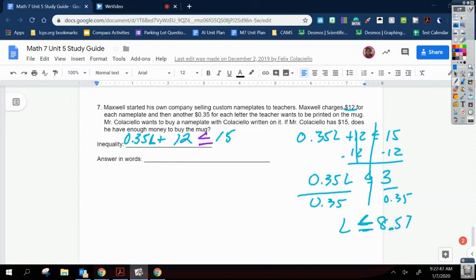So can he get 0.57 of a letter, 57 hundredths of a letter? No. So can Mr. Colacello get 9 letters? Can he get 9? No, because the number of letters has to be smaller than 8.57. So the maximum amount of letters that he can get is 8. Well, let's see. How many letters are in Colacello? 1, 2, 3, 4, 5, 6, 7, 8, 9, 10.